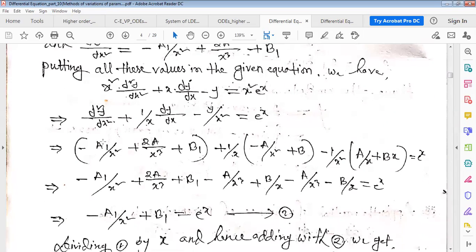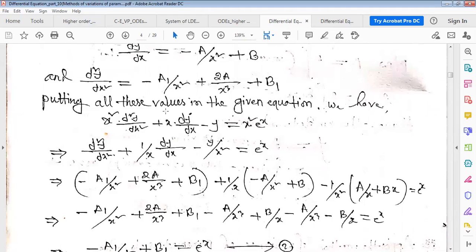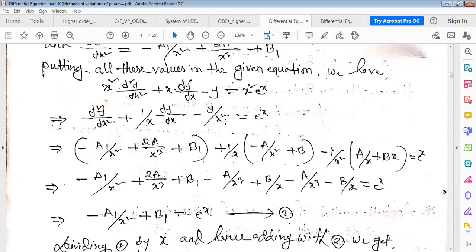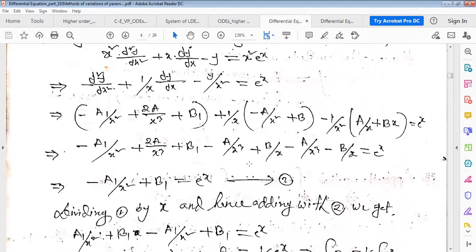Now putting the second derivative value, the first derivative value, and y, which is A by x plus Bx, the general solution, equals e to the power x.